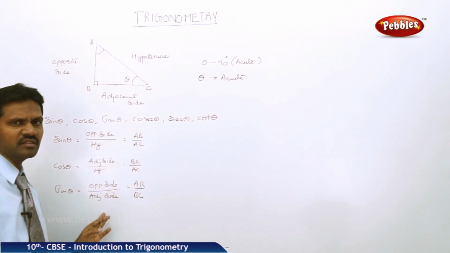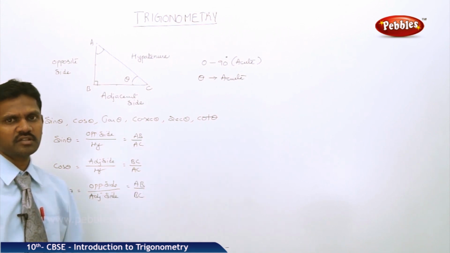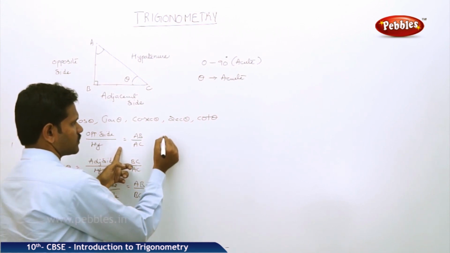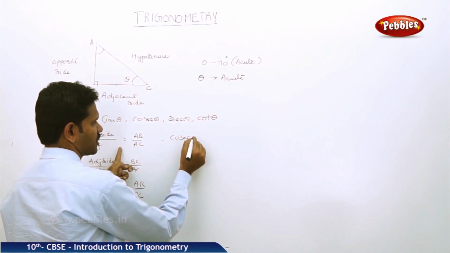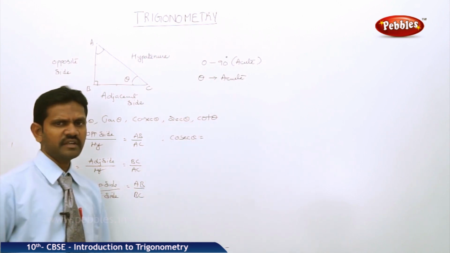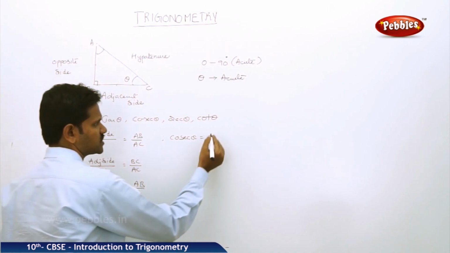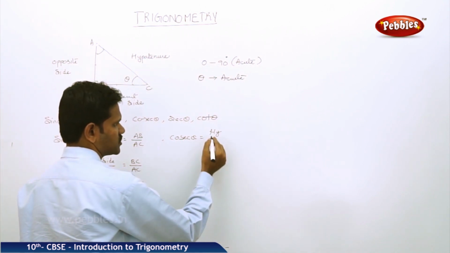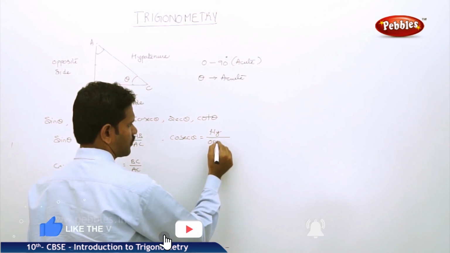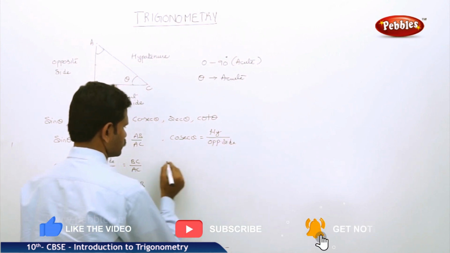Now based on these three, the next three are generated. The next one is cosecant theta, nothing but the reciprocal of sin theta, that means hypotenuse by opposite side.